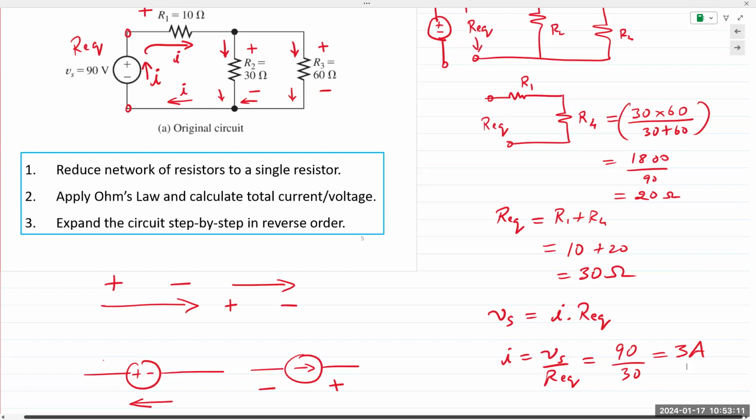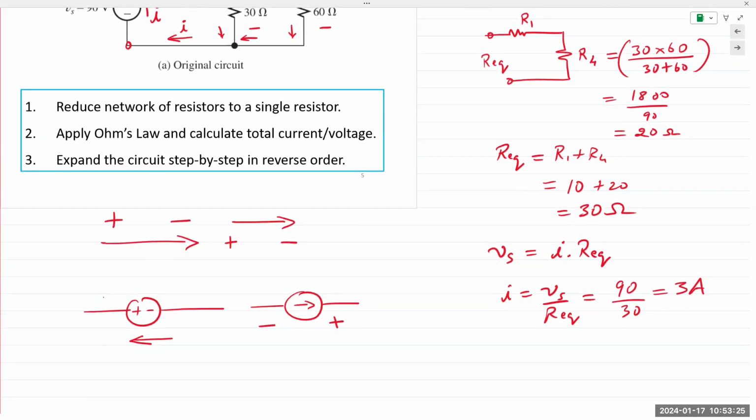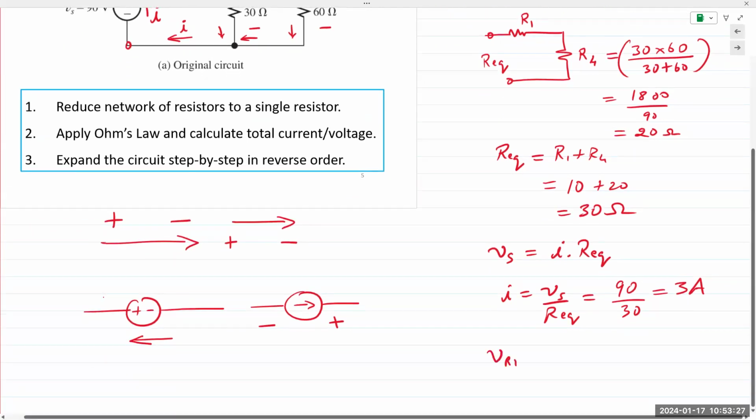I is the same current that flows through R1, so we can calculate the voltage across R1. VR1 is simply I times R1. So it's 3 into 10 gives me 30 volts.